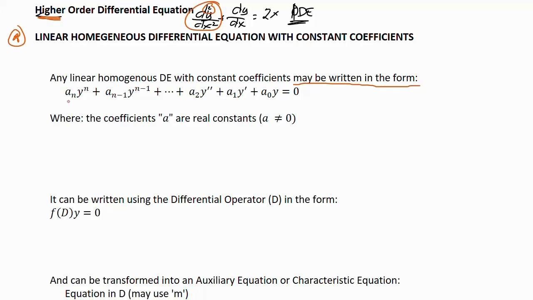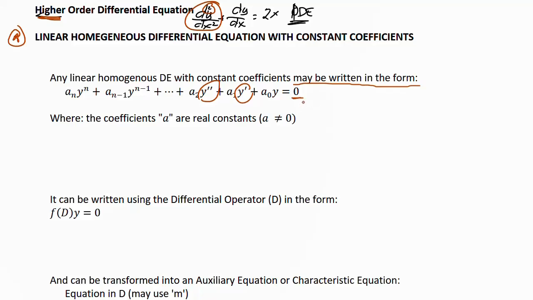Say we have a constant coefficient a sub n times y raised to n, this is the nth order derivative of y, plus the coefficient a sub n minus 1 times y to the n minus 1, plus that, plus a constant coefficient times the second derivative of y, plus a coefficient times the first derivative of y, until such time that, plus a times y is equal to 0.